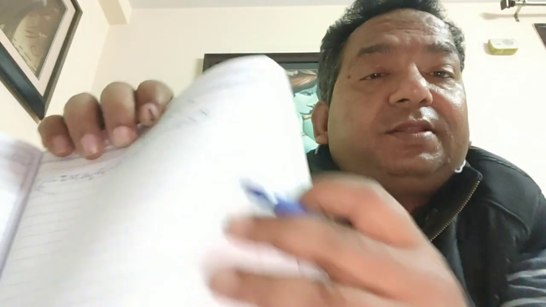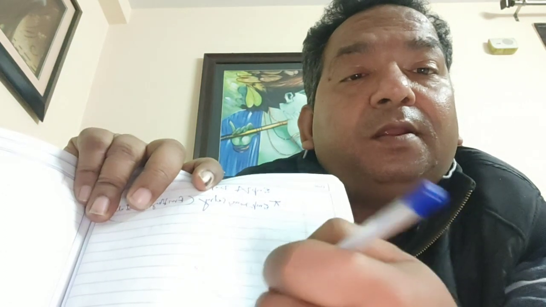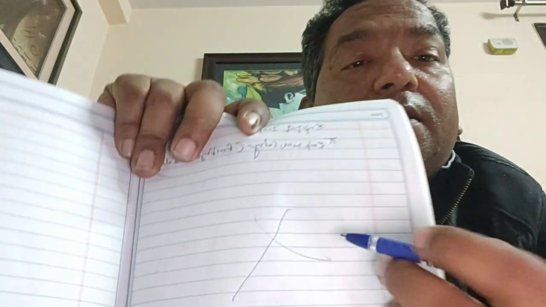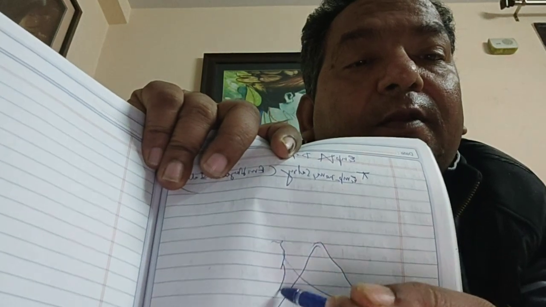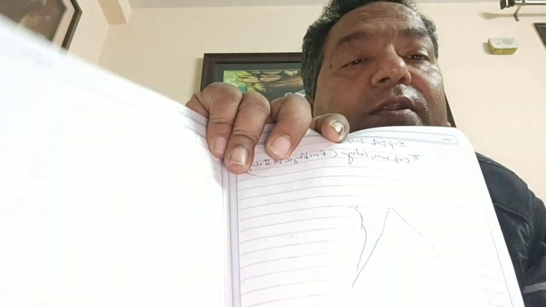This can be represented by a symbol like a horizontal dumbbell.